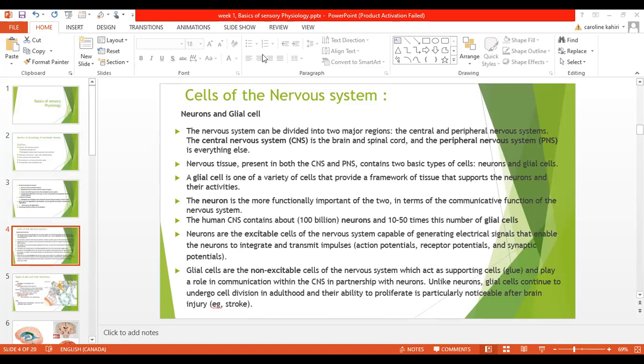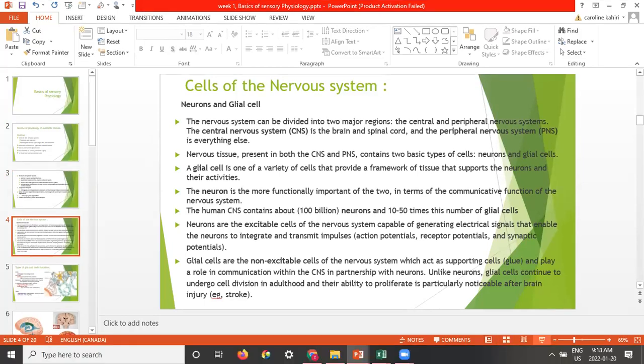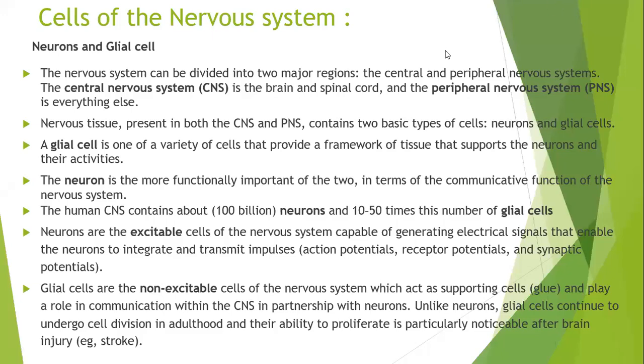So we have two main types of cells. We have the glial cells and we have the neurons.